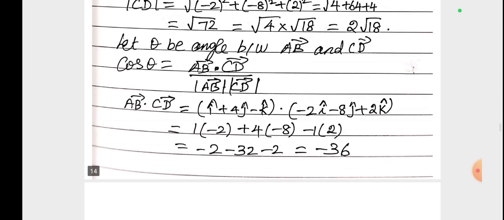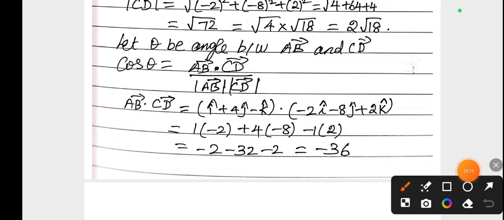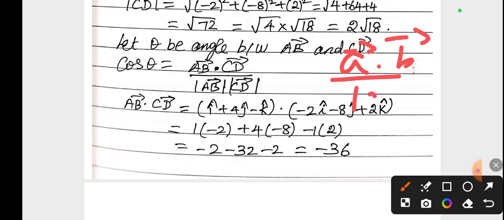Then let theta be the angle between AB and CD. What is the formula? A vector dot B vector by magnitude of A vector, magnitude of B vector. So instead of A and B, AB vector dot CD vector by magnitude of AB, magnitude of CD.